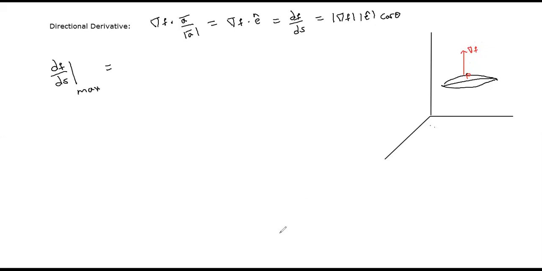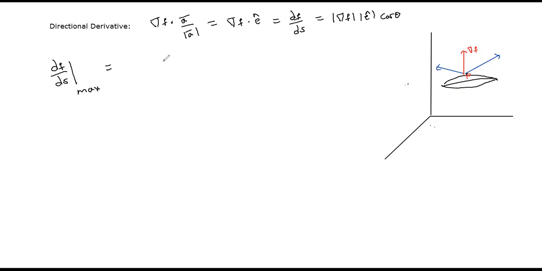In all other directions, whatever value you get is going to be less than the value obtained in this direction. Is that okay? Compared to all these directions, in this direction only you will get the maximum value.